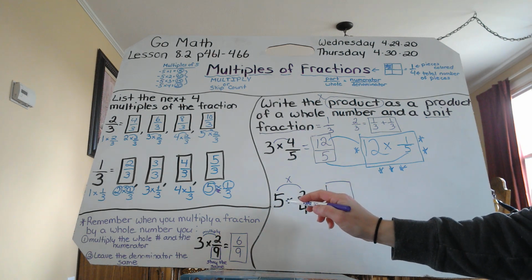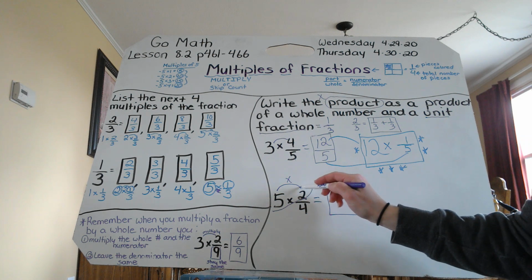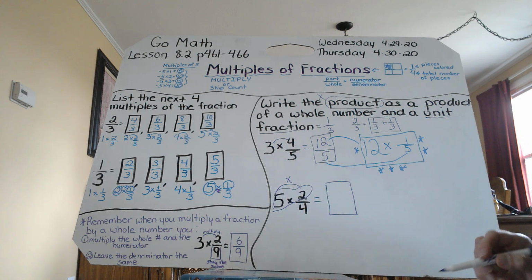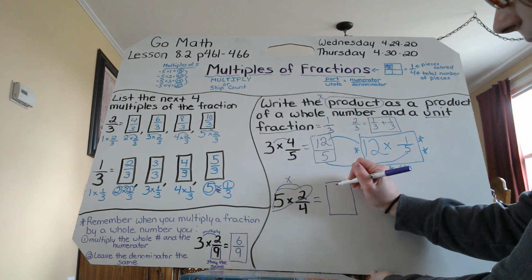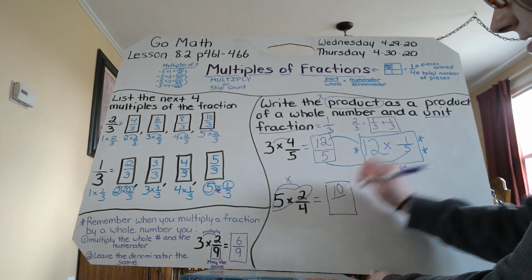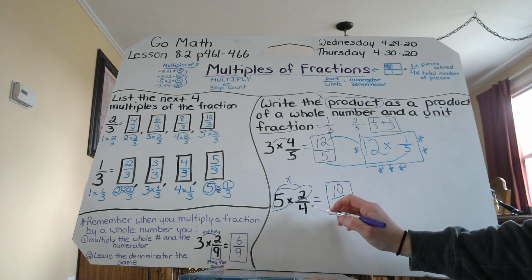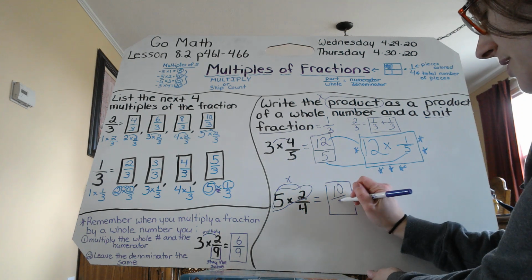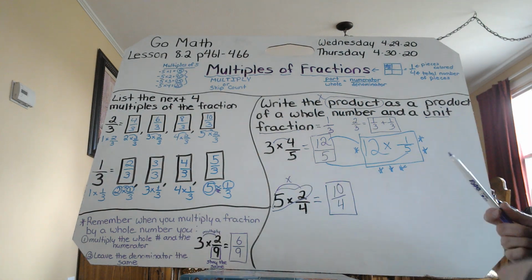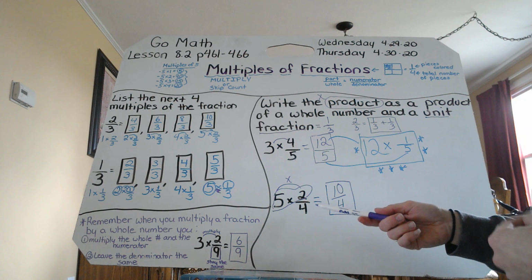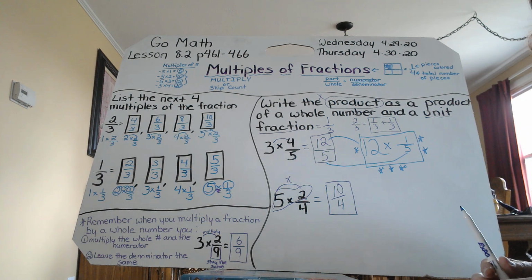So everybody, 5 times 2. 5 times 2 is what? Absolutely, it is 10. And then I take my denominator right here, and all I do is put it right underneath it because it stays the same. So your fraction, 5 times 2/4, your product would be 10/4.